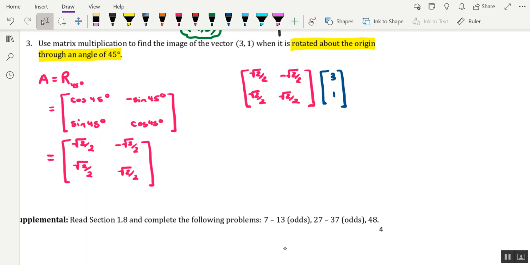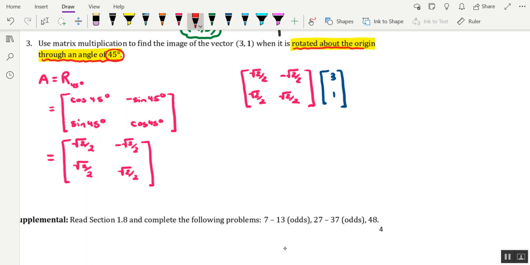In this video, I'm going to help us finish up example 3 from the section 1.8 part 2 notes. We've already done some work. The first part of the work is finding the standard matrix for the operator rotation about the origin through a particular angle. That would be 45 degrees.